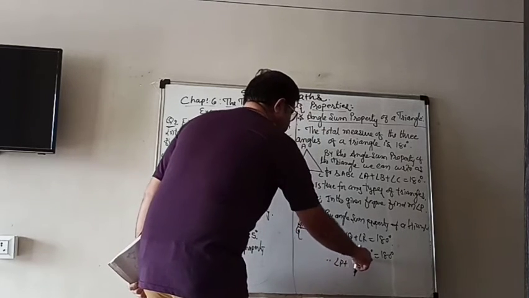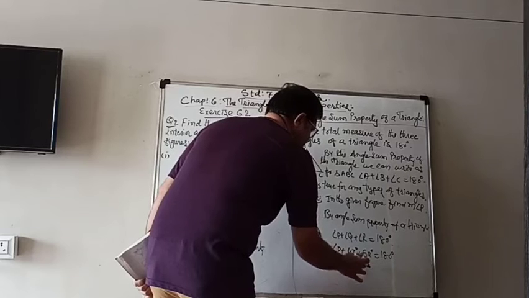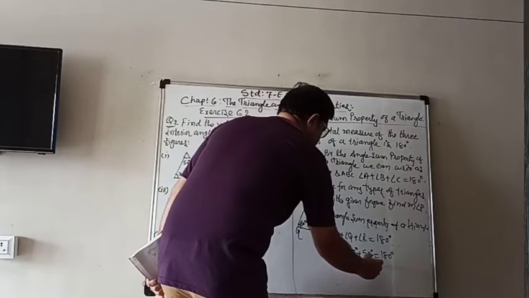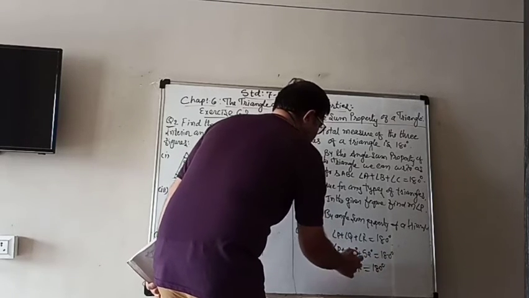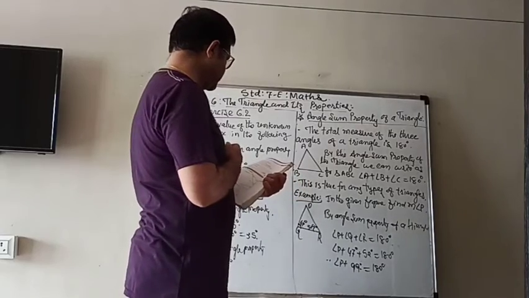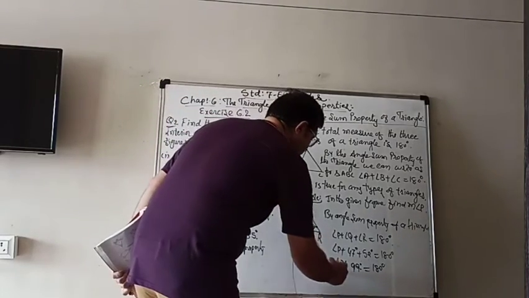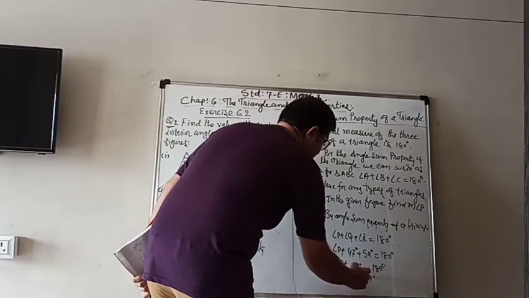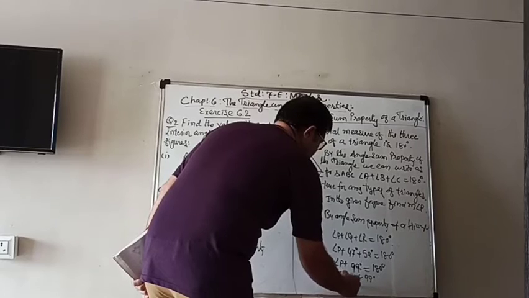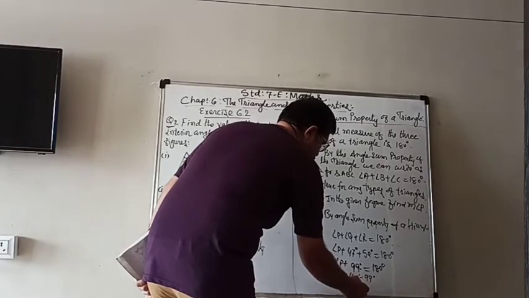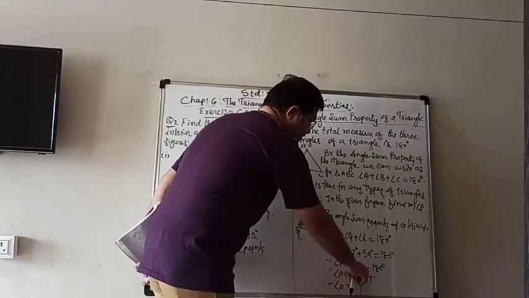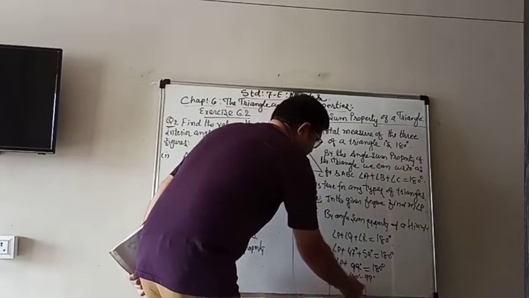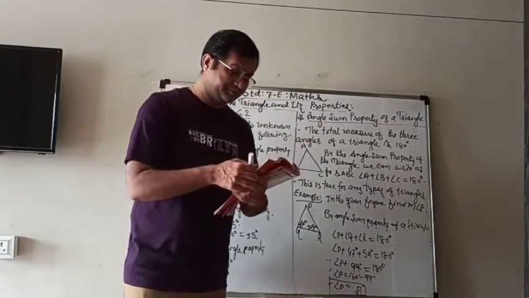So what is the sum of them? 7 plus 2 is 9, 5 plus 4 is 9, so 99. Angle P plus 99 is equal to 180 degree. Now we can take 99 to the other side. So angle P is equal to 180 minus 99 degree. 10 minus 9 is 1, and 17 minus 9 is 8. So angle P is equal to 81 degree.